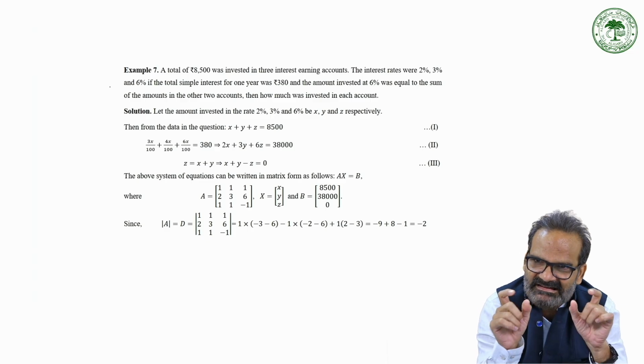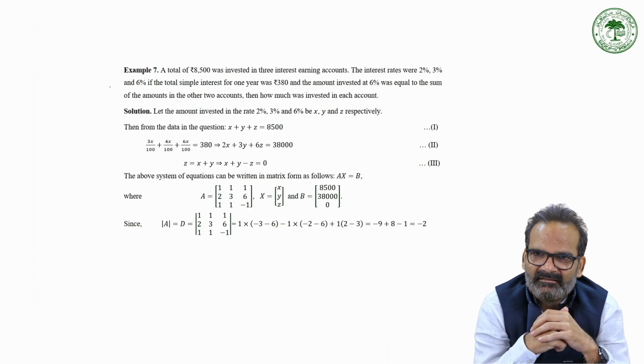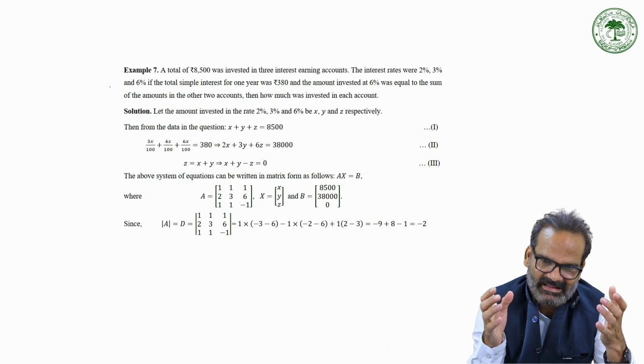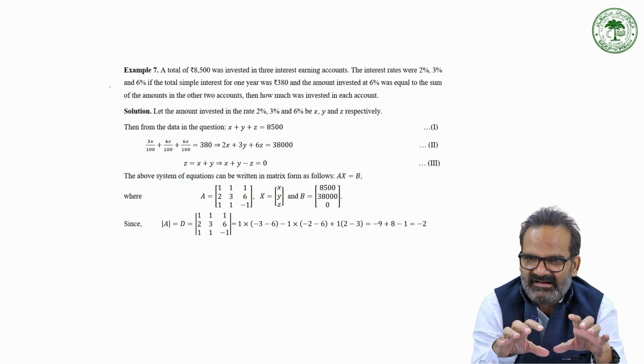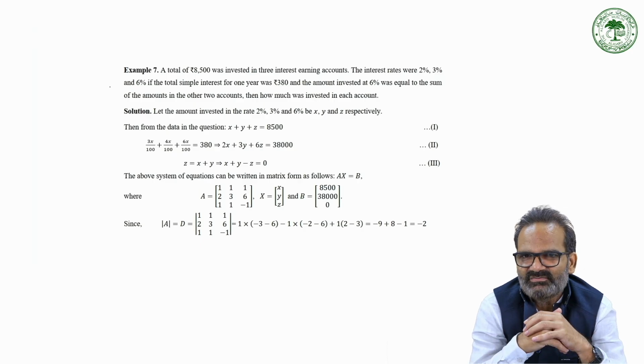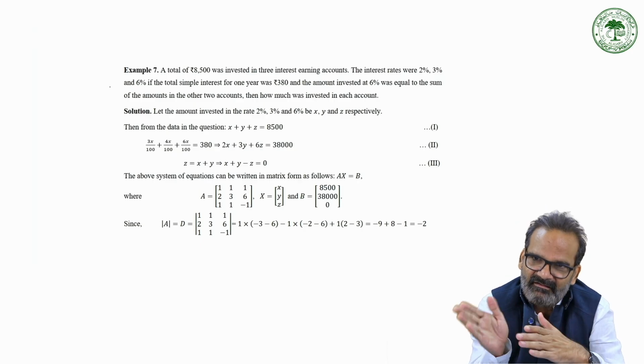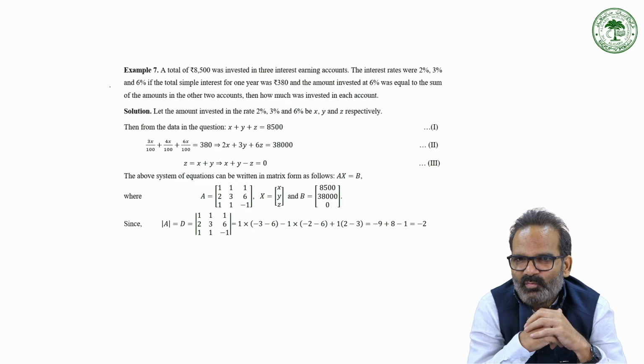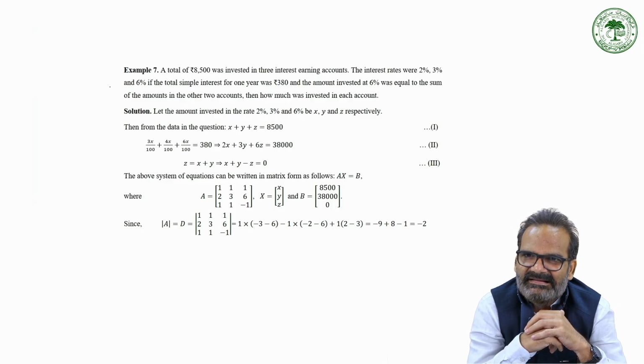This is the condition which is given in the question. The amount invested in the account running at 6% interest rate is exactly equal to the amount invested in the remaining two accounts. Then how much was invested in each account, right?